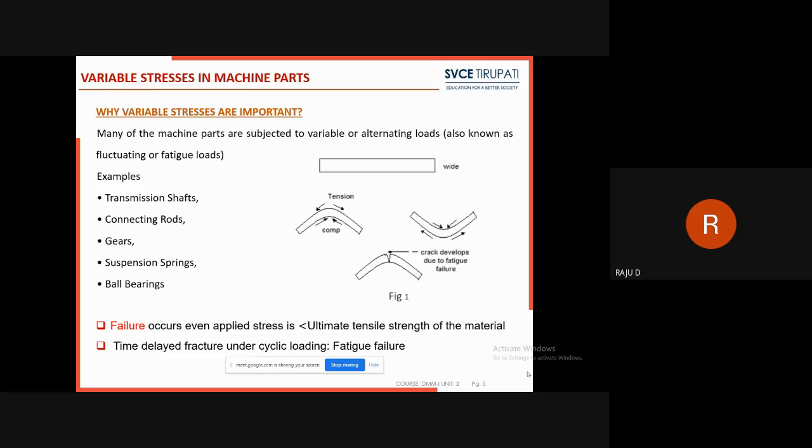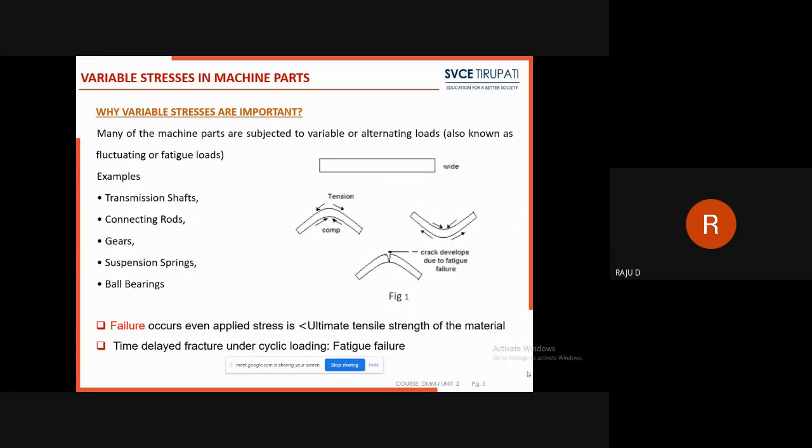If you remove the load, the spring elongates. While elongating or compressing, the spring coil will have wear and tear, or cracks develop due to fatigue failure. The spring wire or coil generally fails when you repeatedly apply and remove the loading condition in any suspension system.